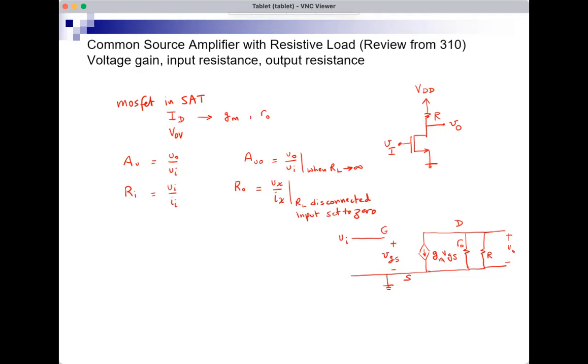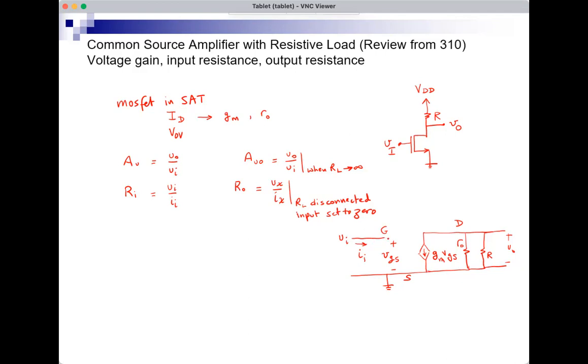All right, so this is the small signal model. Now I need to find the quantities. Let's start with the very easy one, which is the input resistance. Why is that easy? Because there's no input current. This is the input voltage, and this is the current that we call the input current going towards the amplifier, II.